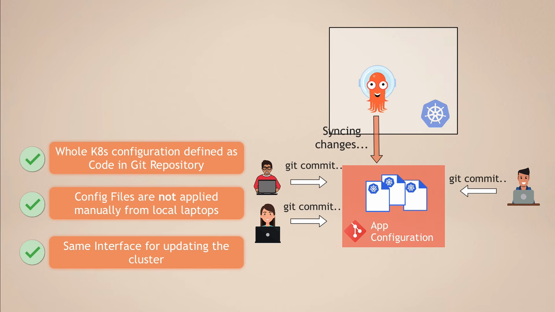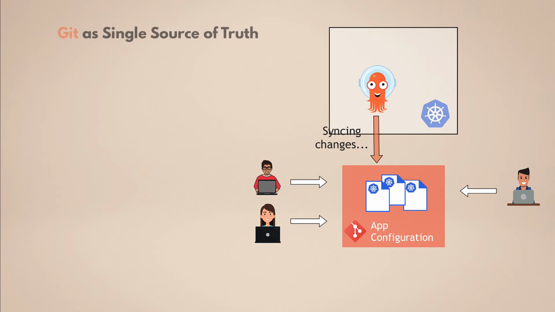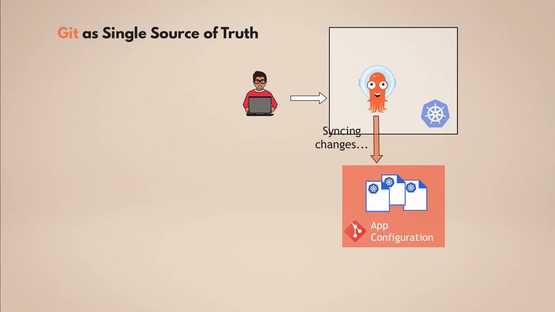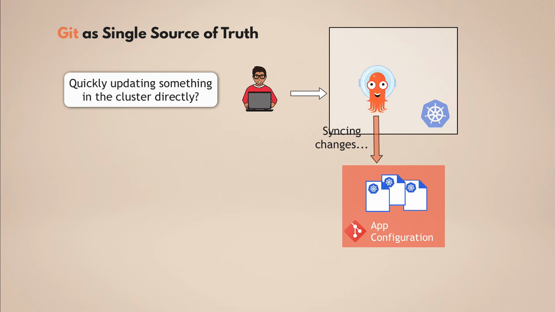And that could be the first big benefit of using this model. Now, a very interesting use case arises here when someone in the team decides, you know what, let me just quickly update something in the cluster. It's much quicker to just do a kubectl apply than to write the code changes, commit that, push that, and get a review from colleagues, and then eventually merge it in the repository.